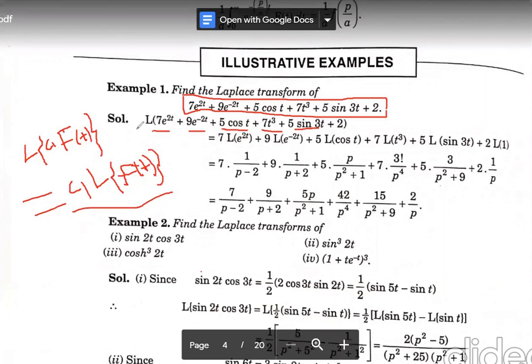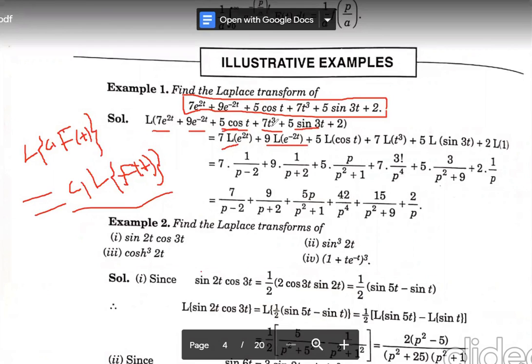So this 7 is a constant, so take it outside Laplace. So 7 into Laplace transform of e to the power 2t. Then 9 outside Laplace transform of e to the power minus 2t. Then 5 outside Laplace transform of cos t.